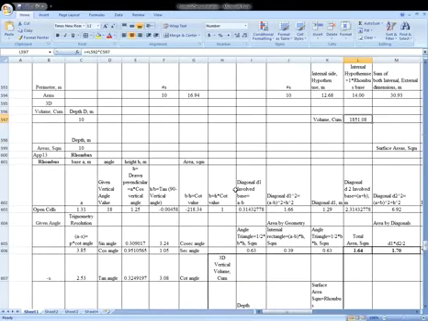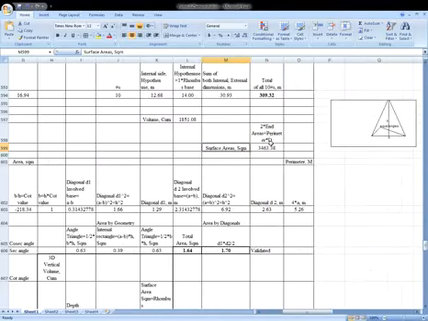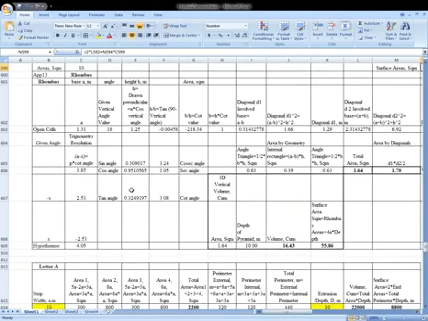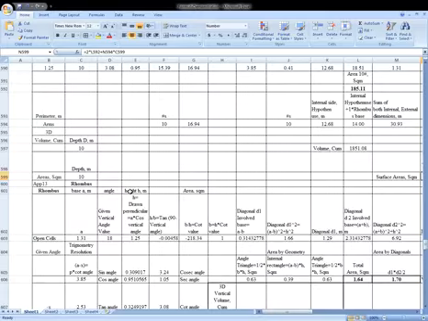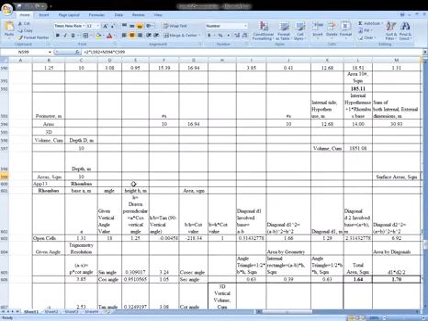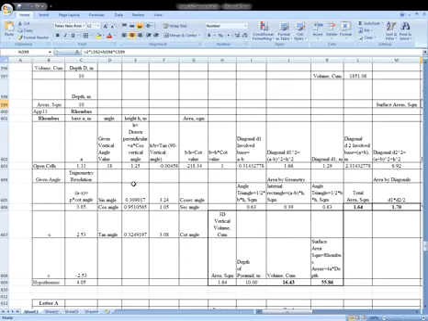And of course the surface area: depth is 10, so we can say 2 into area plus perimeter into depth, we can find from this one. So what we have done, we have used rhombus and trapezium.